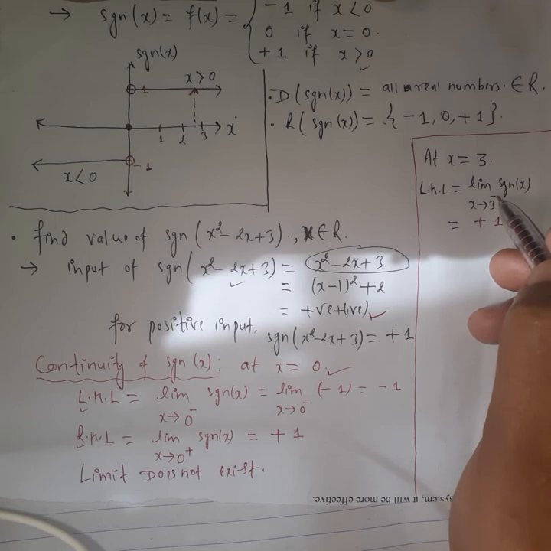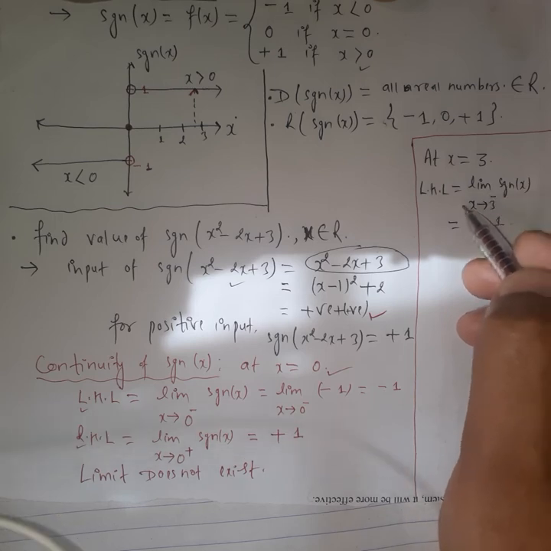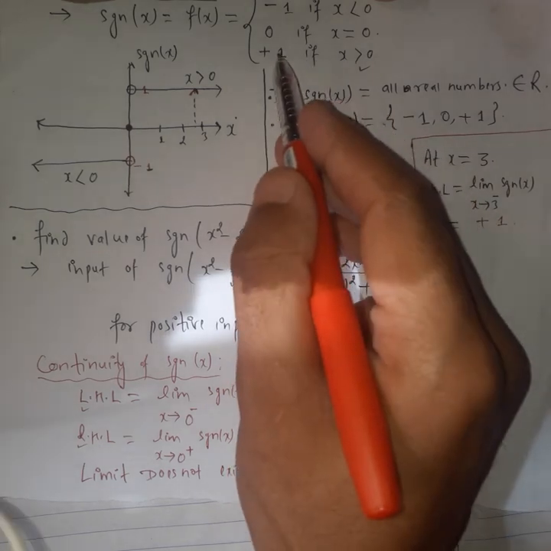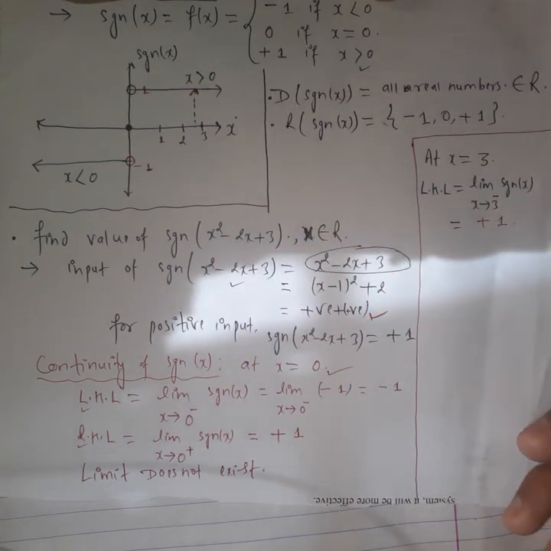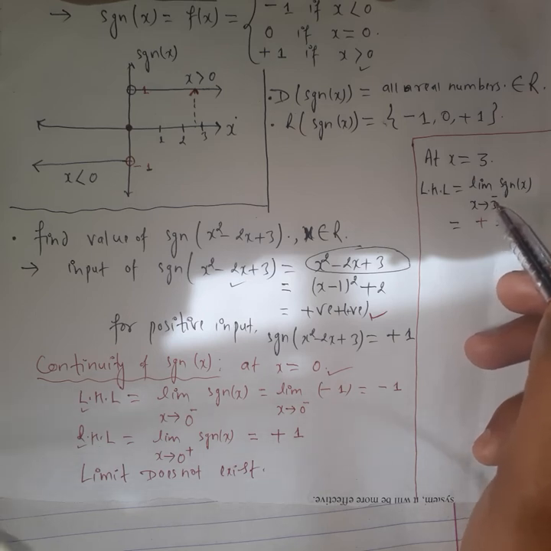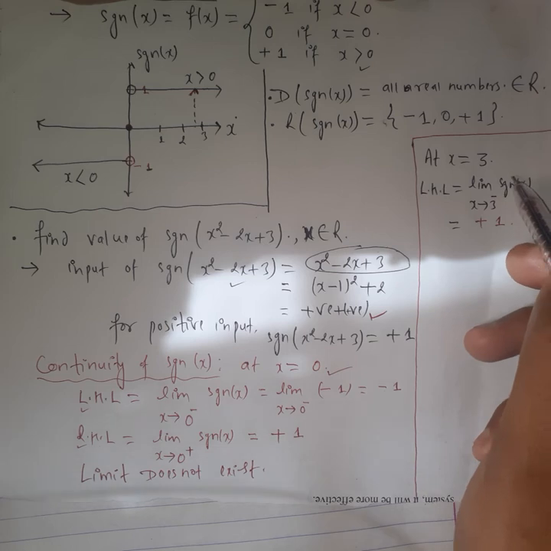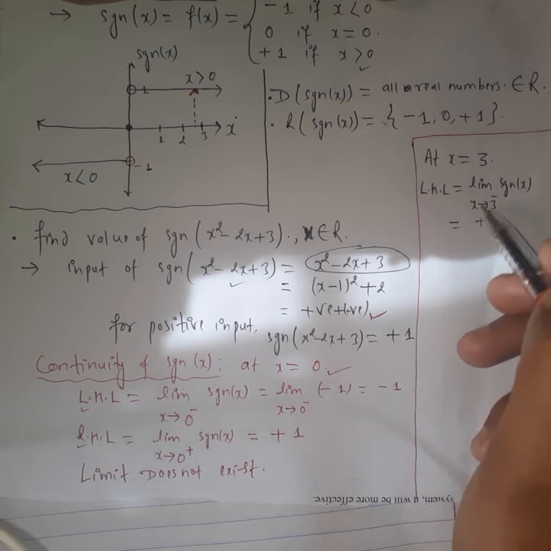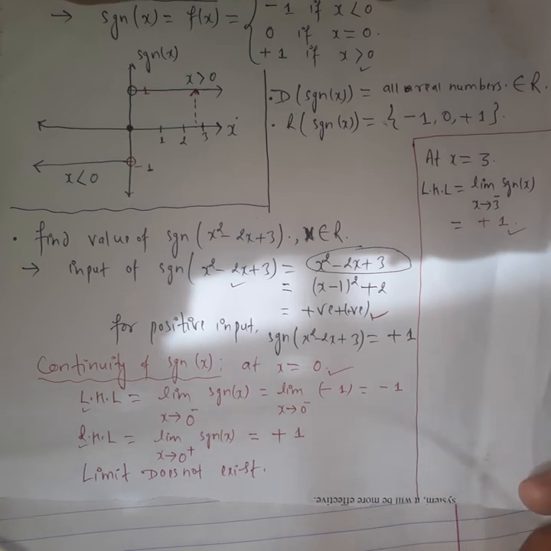For positive inputs, the signum function is defined as plus 1, and x approaching 3 minus means we take values of x very close to 3. So the functional value of the signum function will be plus 1. That's why the limiting value is also plus 1.